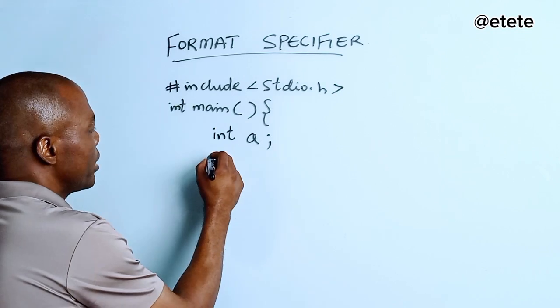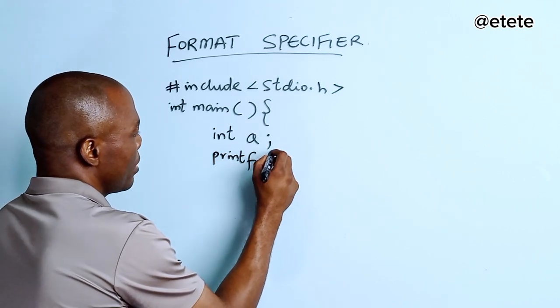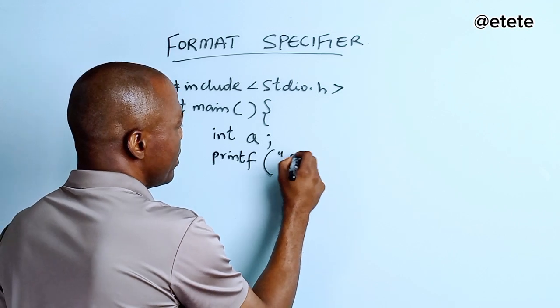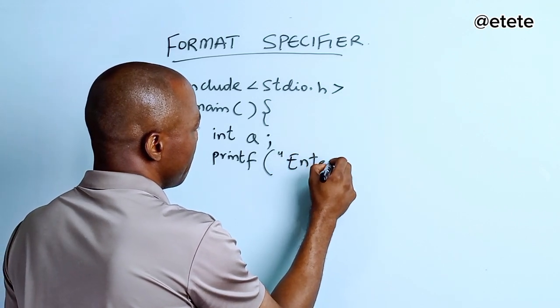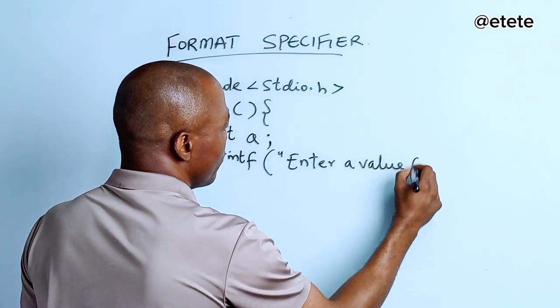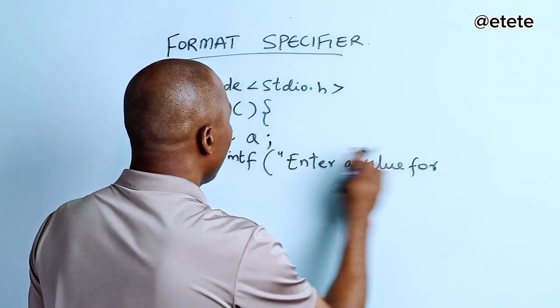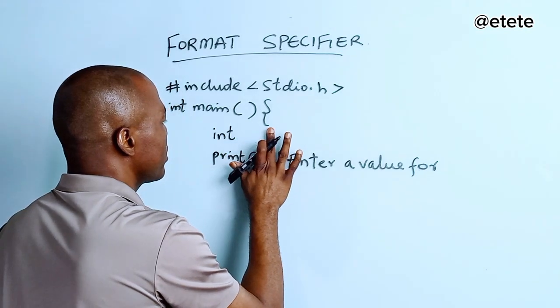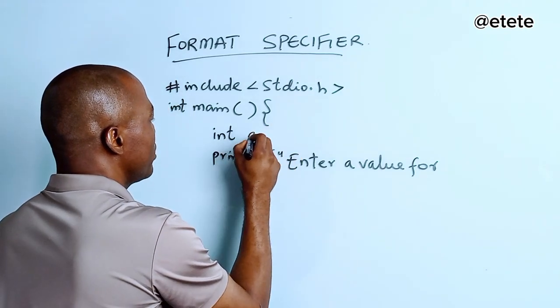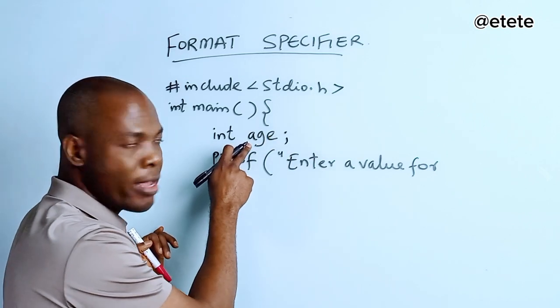Now I'm going to say printf, enter a value for a, or let me call this h. So I've created a variable h.